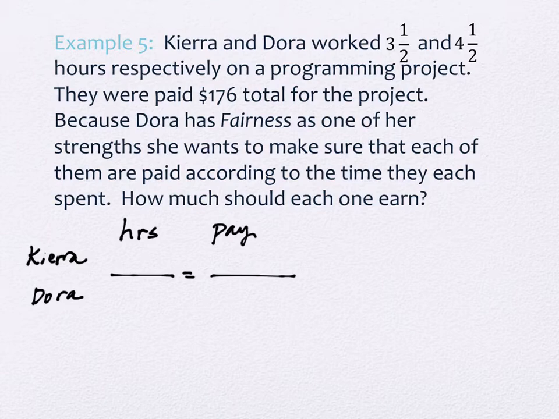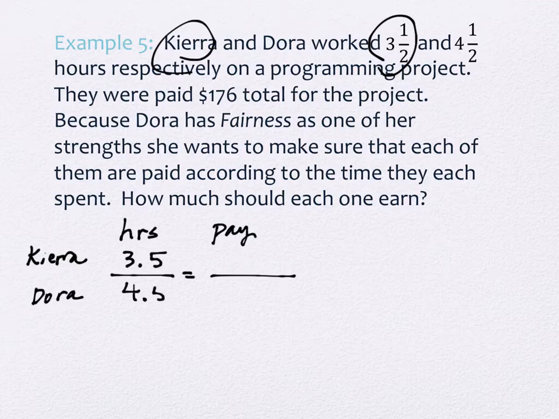So both the numerator and the denominator on the left are unknown quantities specifically, whereas in all the problems before we didn't have that happen. So on the first one, the left-hand side, we can fill those in pretty quickly. Let's see, it said Kierra is the 3.5. I'm going to put it in decimal form, and then Dora's the 4.5.